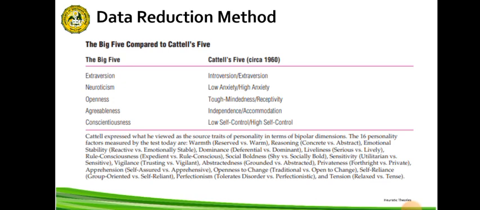You can see here the tabular difference between the Big Five and Cattell's 5. From the 5-factor model of the Big Five, Cattell subcategorized those from the Big Five into 2 versions.